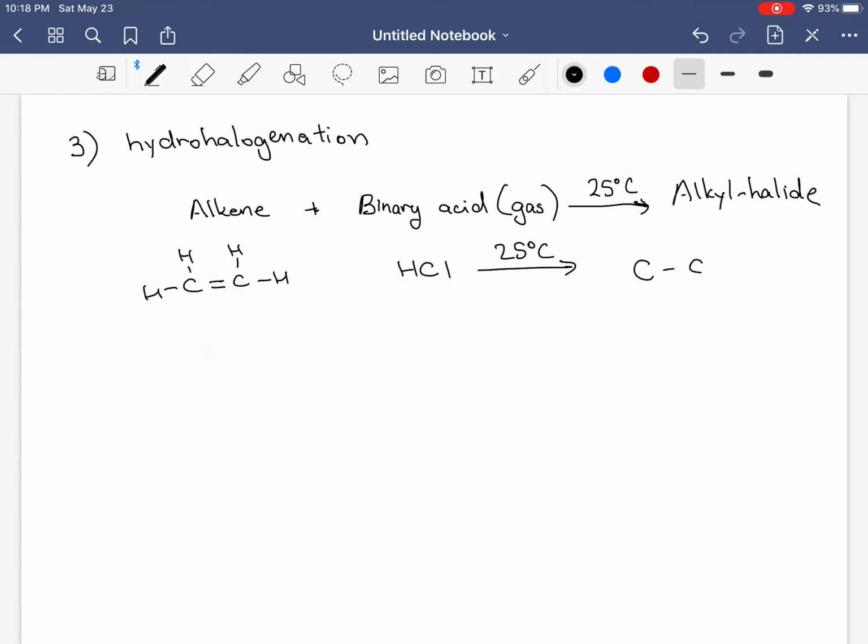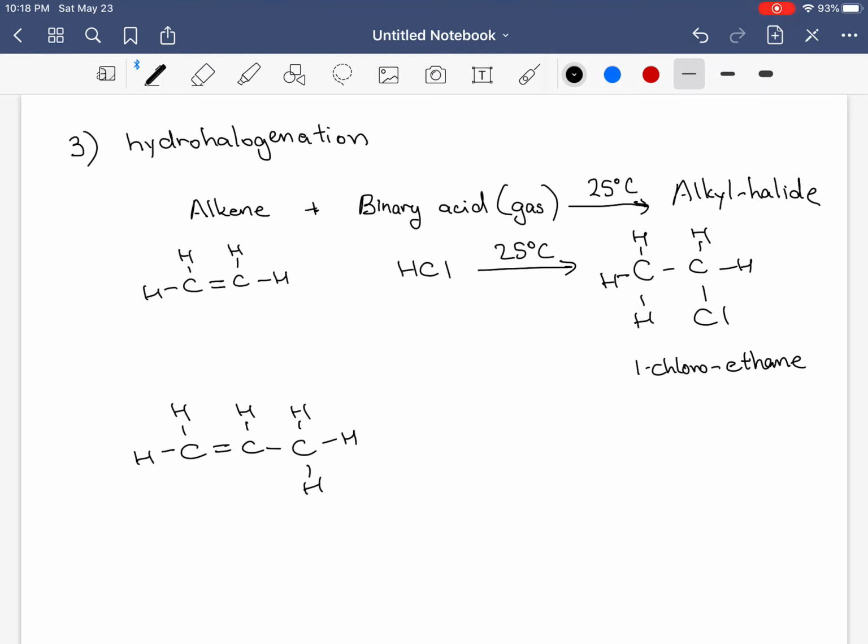As a result, you have this alkyl halide. This is of course chloroethane. Simple, right? Well, not all the time. Not all the time.